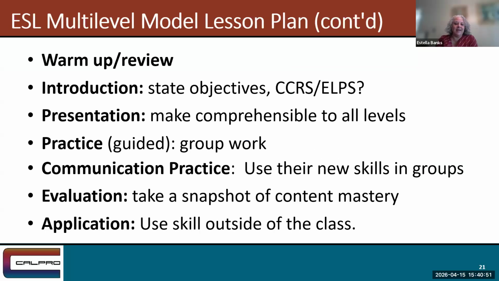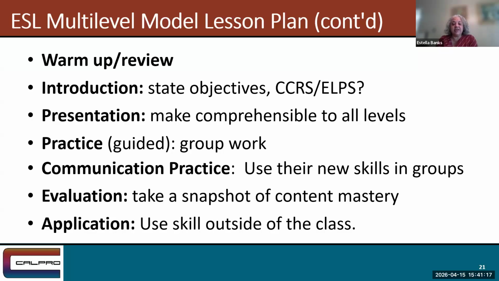So thank you, Gohar. For the warm-up, this is what you're going to tap into your students' prior knowledge. In the introduction, you're going to share a broad overview of the content objectives using, for example, the CCRS, that would be the College and Career Readiness Standards, or the English Language Proficiency Standards, ELPS.